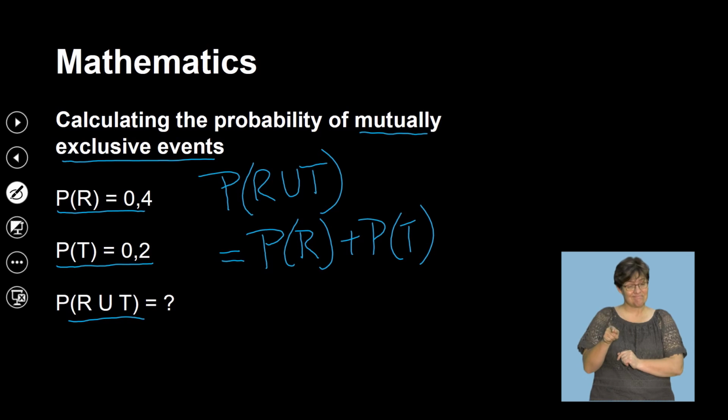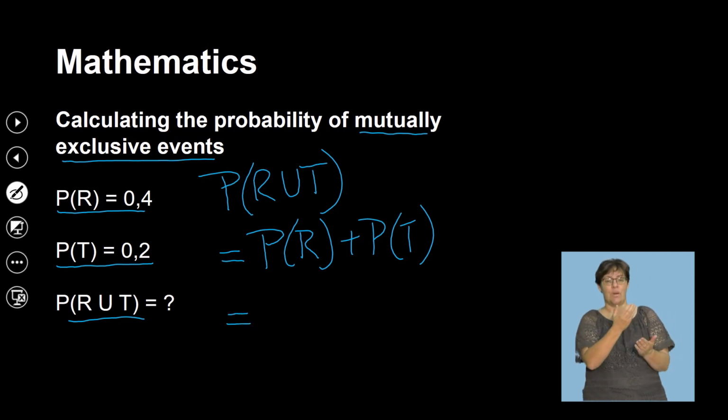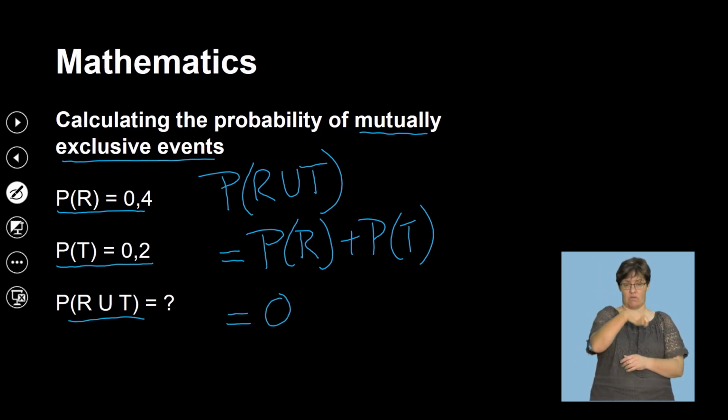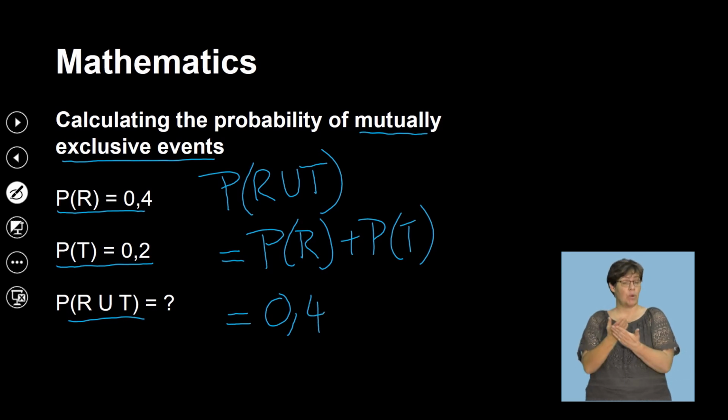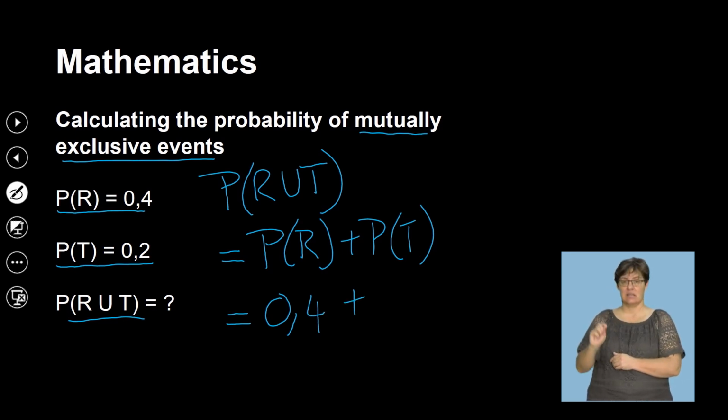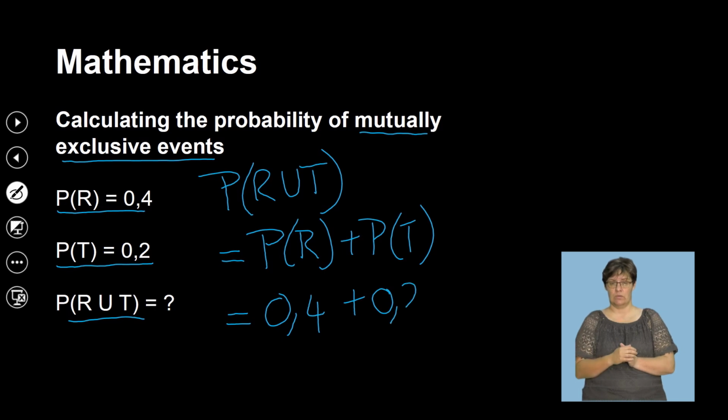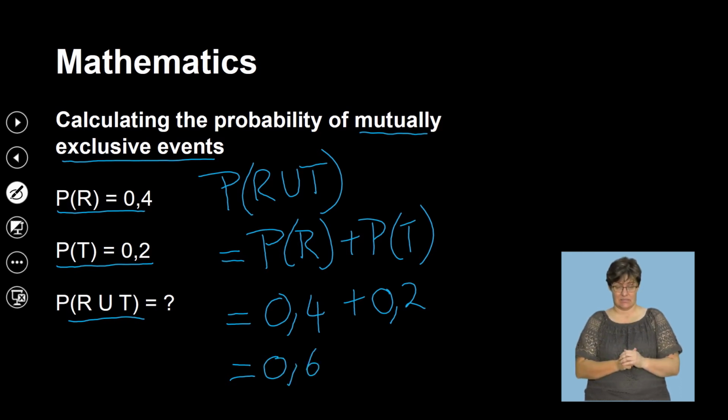Now, in this case, we recognize the probability of R is 0,4, and the probability of T is 0,2. We can add those two together to get us a probability of 0,6.